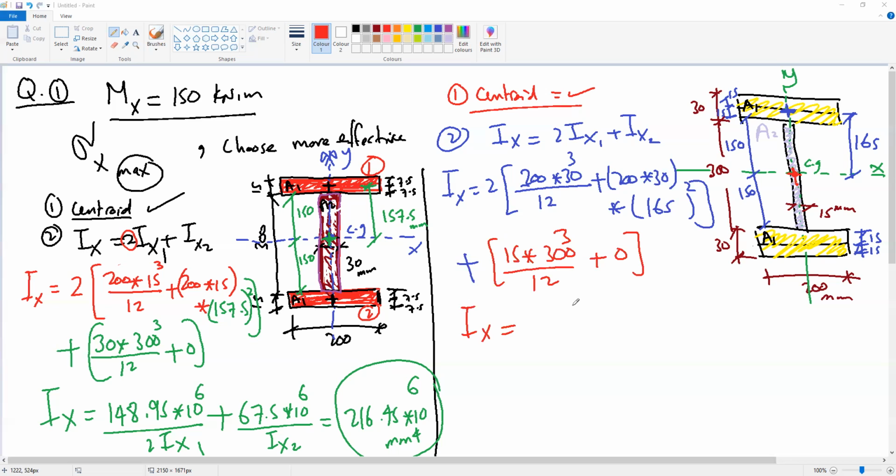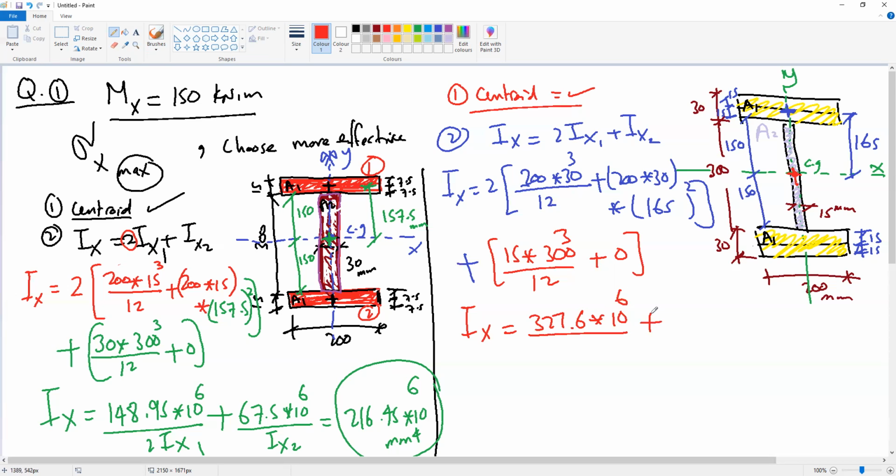So from this formula, we find that Ix will be, the first term, 200 times 30 cubed divided by 12 plus 200 times 30 times 165 squared, and times 2, will be 327.6 times 10 to the power 6.